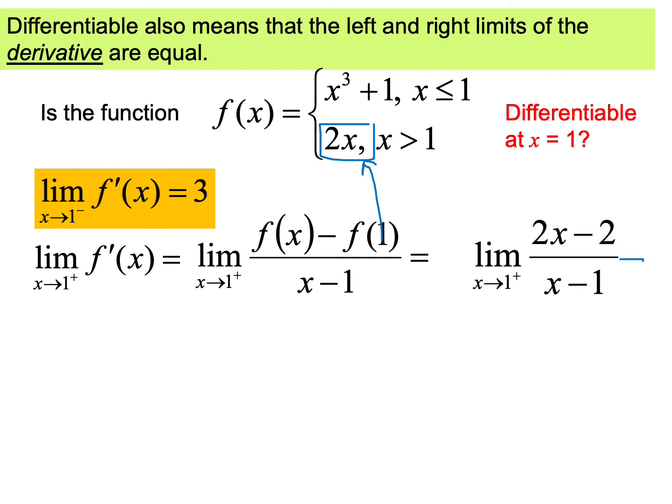And if I replace, as I said again, I will get 0 over 0, which is not enough to stop. We need to do factoring or something else. Here, it's easy to do factoring. Then I can cancel x minus 1 with x minus 1.